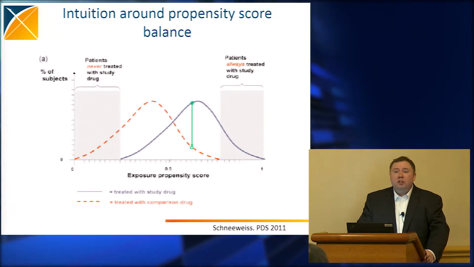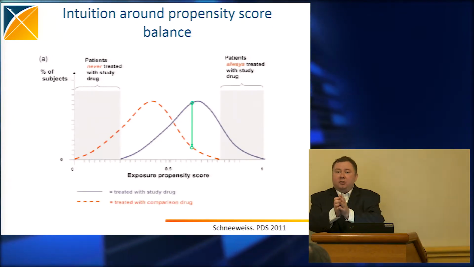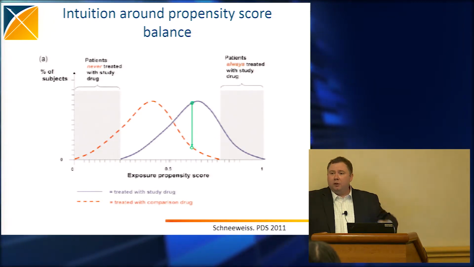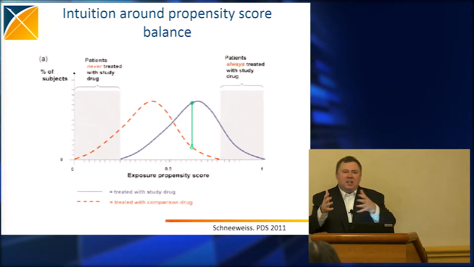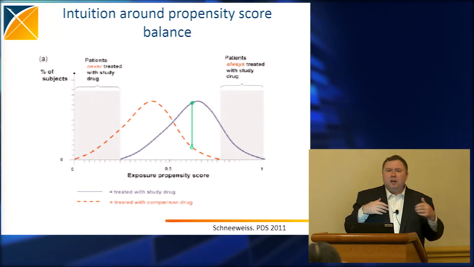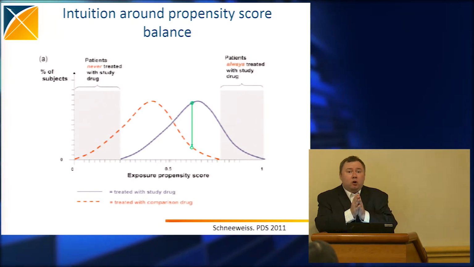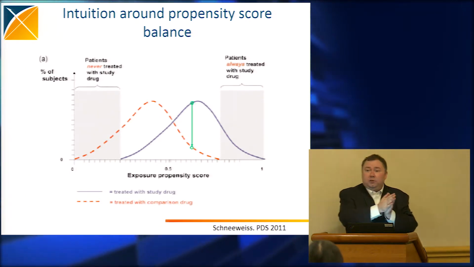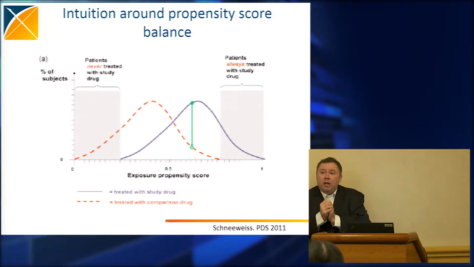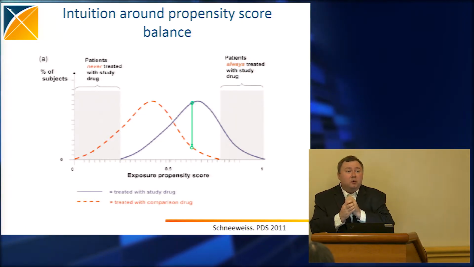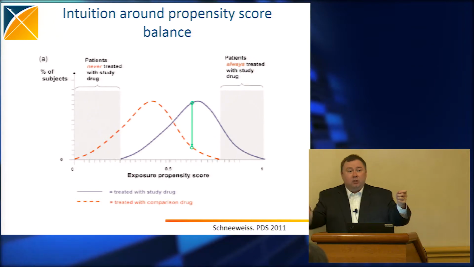So the general intuition is that if we could have in this room those of you who chose the red and those of you who chose the blue, if we could have learned everything about you up to that moment and fit a model, we might have been able to figure out who amongst you was likely to choose red, who was likely to choose blue, and we could have seen that some of you might have been likely to choose red but actually chose blue.